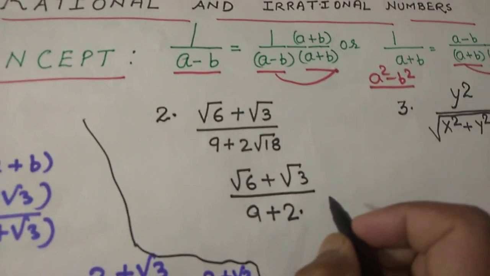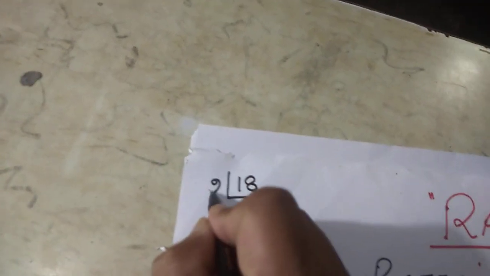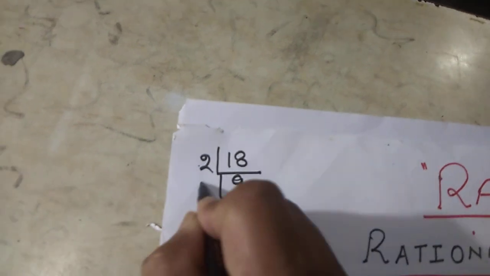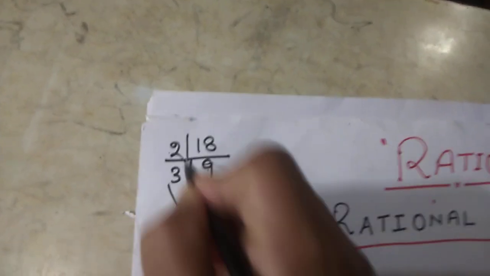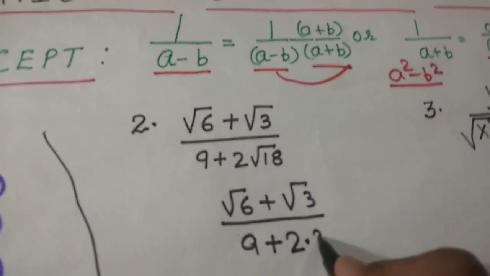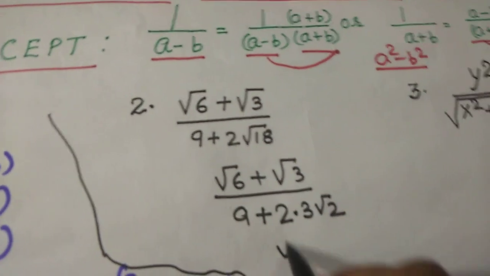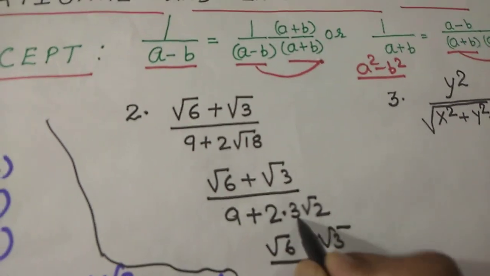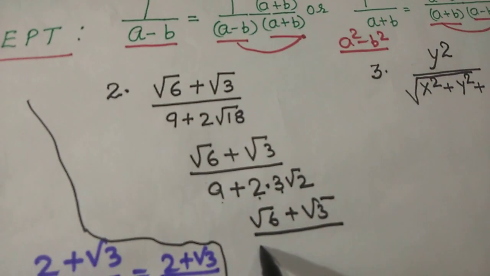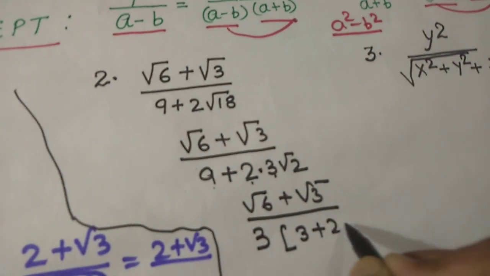If you have any confusion, check here: 18, 2, 9, 3, 3. So one pair of 3, and the value not in a pair is root 2, so root 18 is 3 root 2. Then, simplifying the denominator first, 3 is common, so it will be 3 plus 2 root 2.